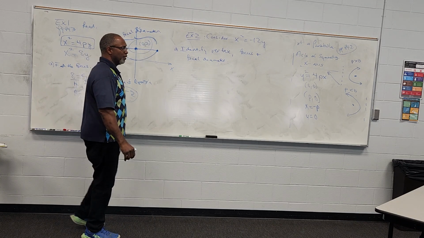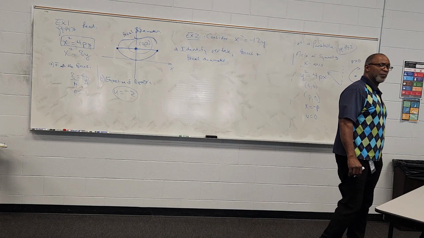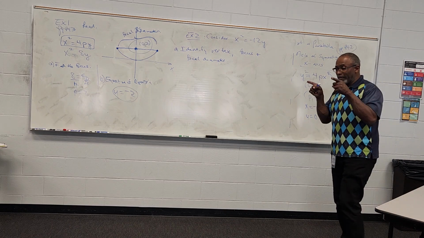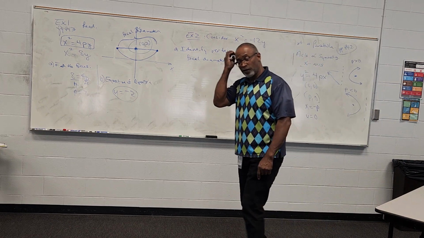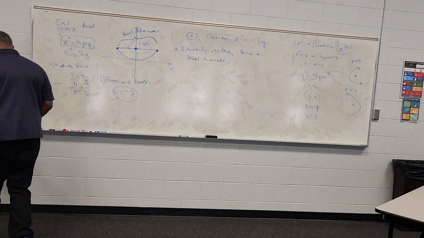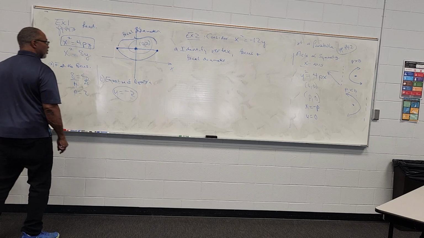Once you identify your focus, draw a line parallel to the directrix through the focus, such that the line intersects each half of the parabola. The length of that line will be the focal diameter. So identify the vertex, focus, and focal diameter.